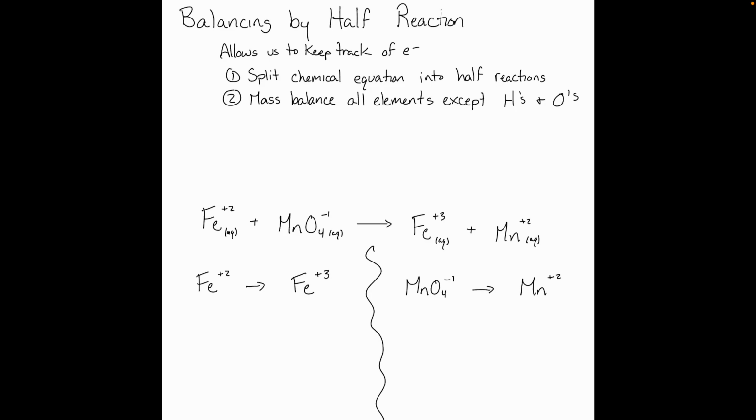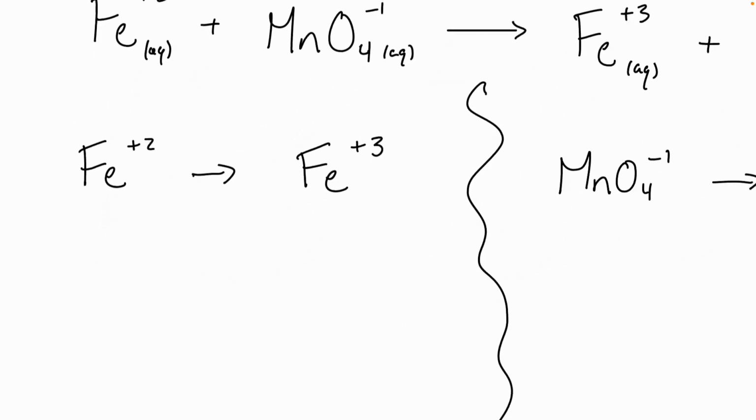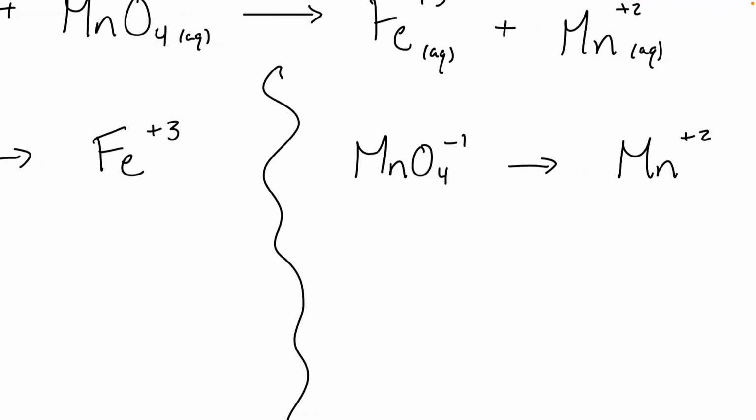We need to do this for both of our half reactions. So let's zoom in here. I need to make sure I have the same number of ions on the left-hand side as I do on the right-hand side. Do I have to change anything here? No, in this case I'm cool. Everything's mass balanced here, paying attention to those elements, everything other than oxygen and hydrogen.